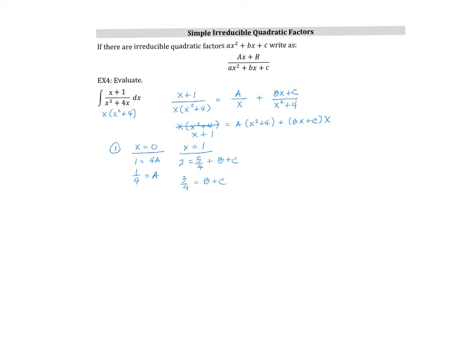So let me pick another small x value. I could do 2 or maybe -1 might be nice. If x is equal to -1, this becomes 0 is equal to 5/4 plus b minus c after I distribute that -1.